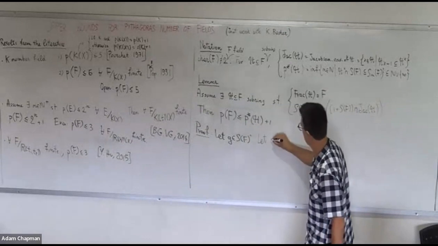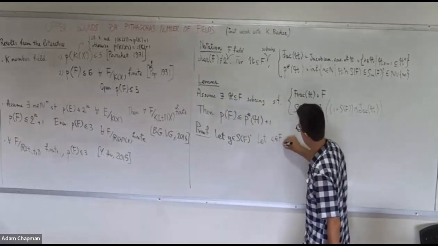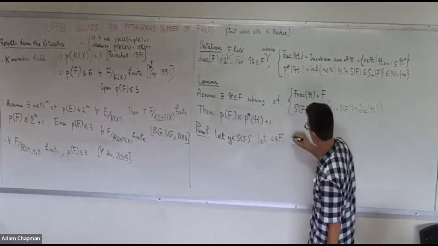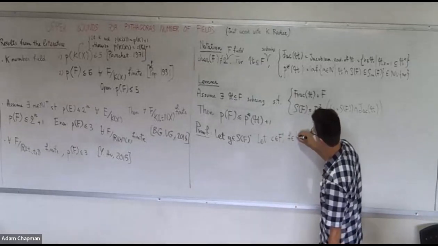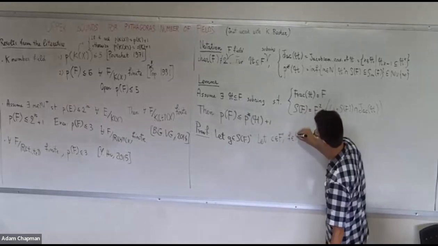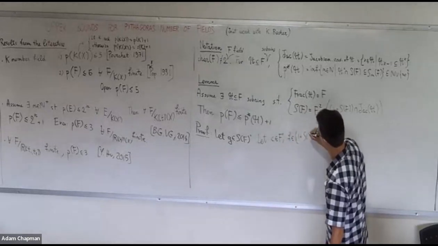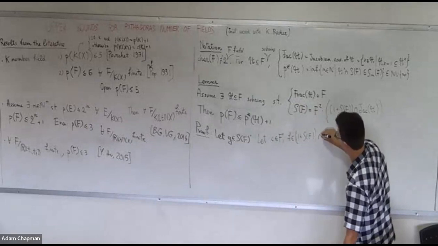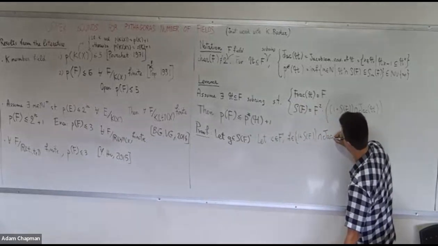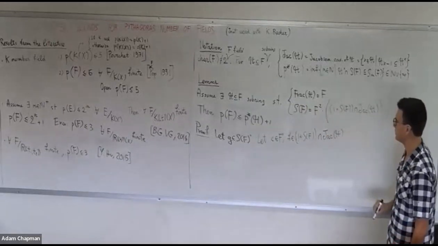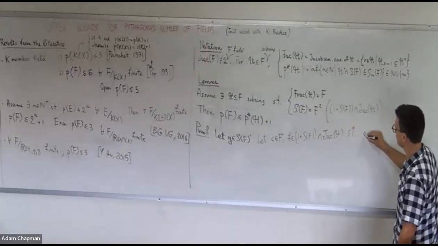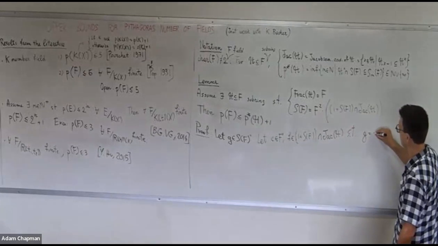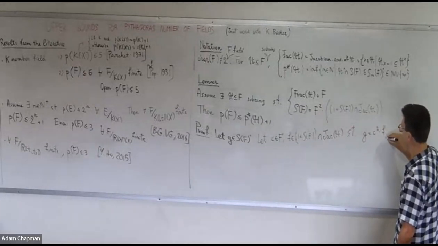Take C in F 0 and label F in the sums of squares plus 1, and at the same time in the Jacobson radical ideal, such that G is C squared times F.